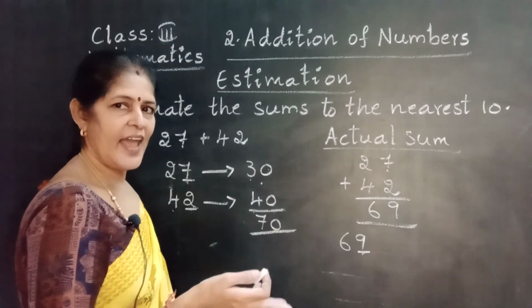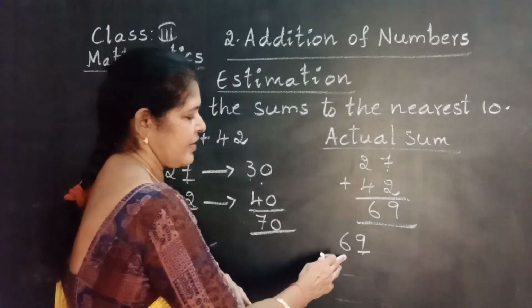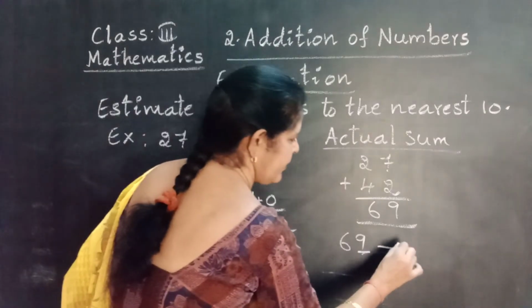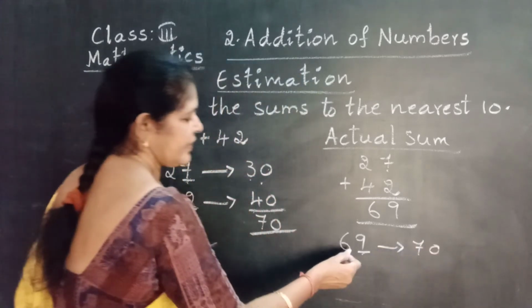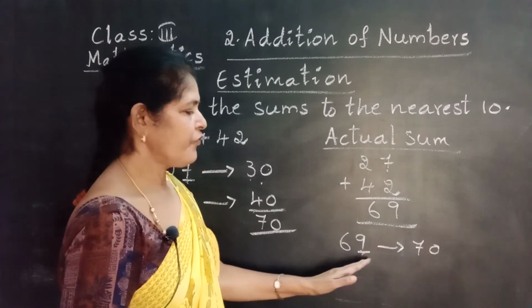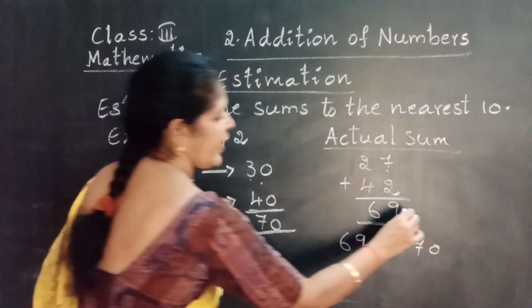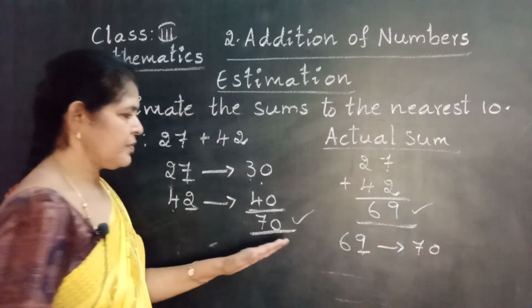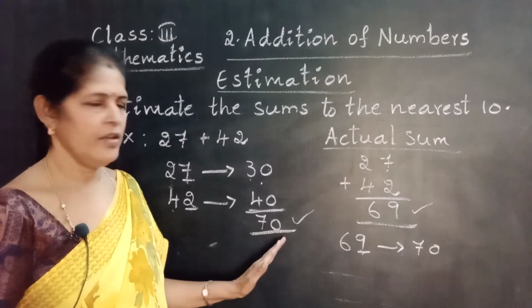Then we change the tens place number. That means 6 plus 1, 7, and put 0 in the ones place. That means 69 rounded off to the nearest tens is 70. Estimated sum, actual sum. We have to find this one only, this method.